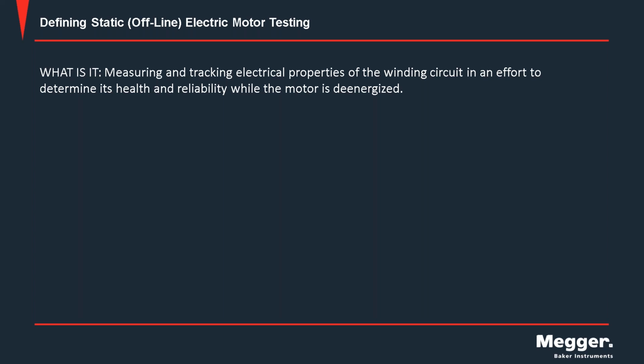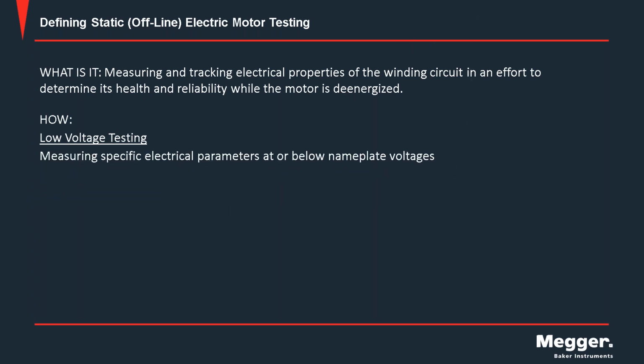So static testing, again, is measuring and tracking electrical properties of the winding circuit in an effort to determine its health and reliability while the motor is de-energized. Again, this is an offline test, verified dead. We do that by breakdown voltage testing in a couple different ways. We have low voltage testing.